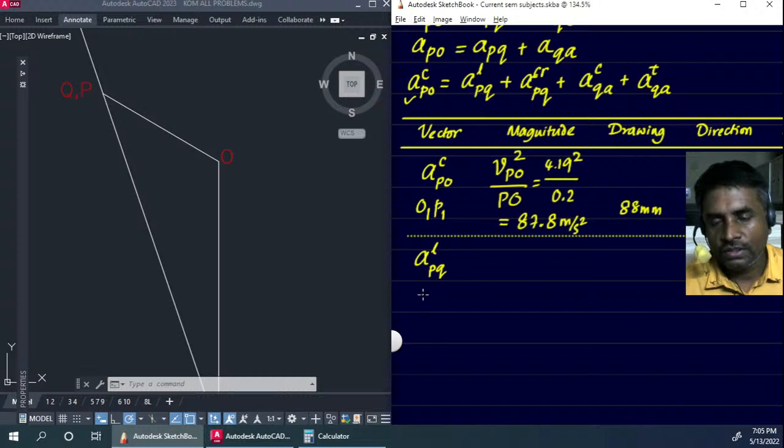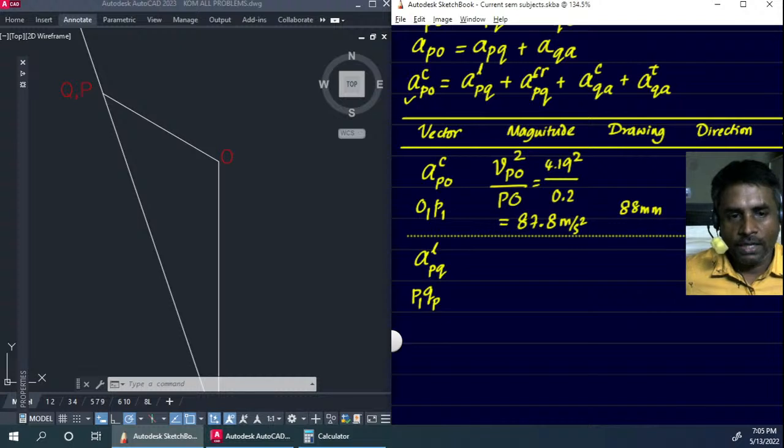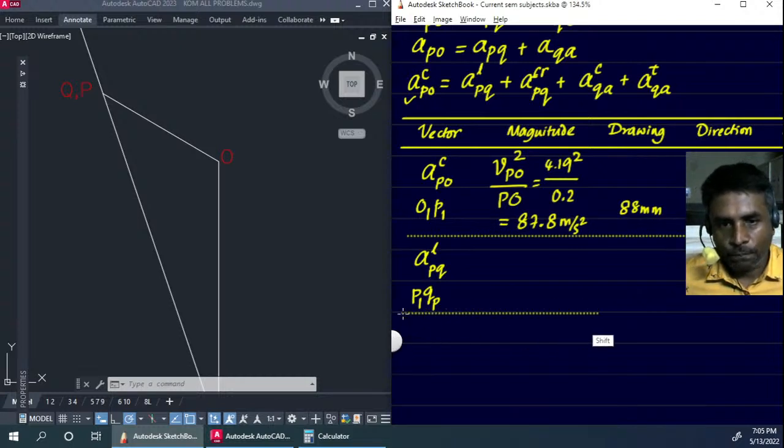So what is going to be its representation in the line diagram? Since it's starting at P, the first point will be P1, and from P1 we'll have to go to a temporary point, because the total acceleration is the sum of the two components. So from P1 we'll have to go to a temporary point, that is Q subscript P, and this will be parallel to AQ, and since we don't know yet, we'll just keep it for now.